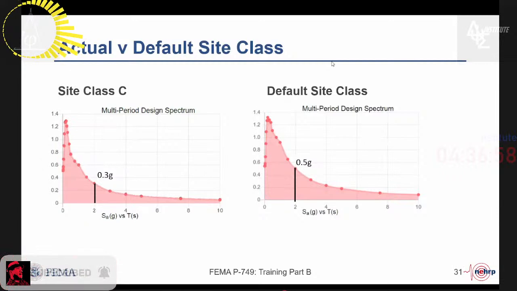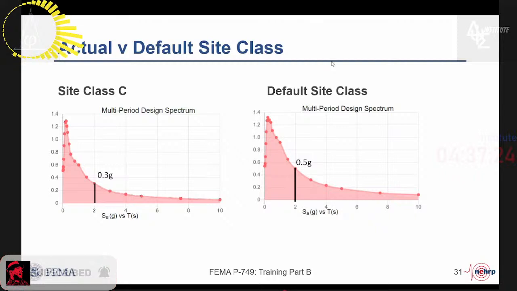I do want to show you this for that site that I showed you previously. The spectra on the left is the multi-period design spectrum for site class C. And you can see that for a structure having a period of 2 seconds, it has a spectral design value of 0.3 g. If you were to use the default site class for this site, you would find a value of 0.5 g.